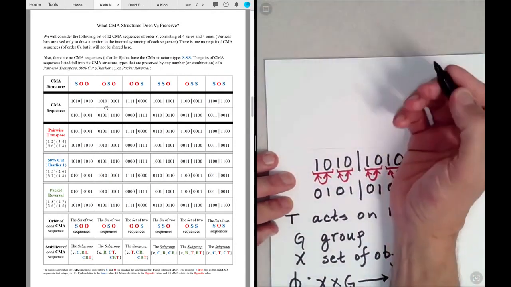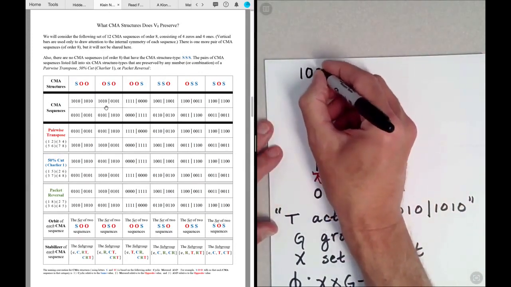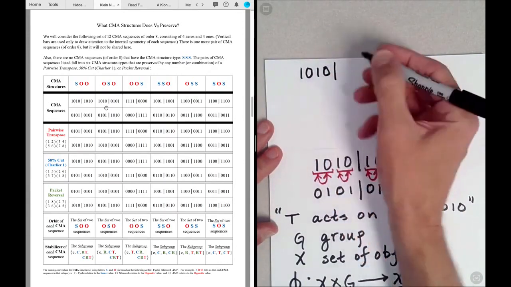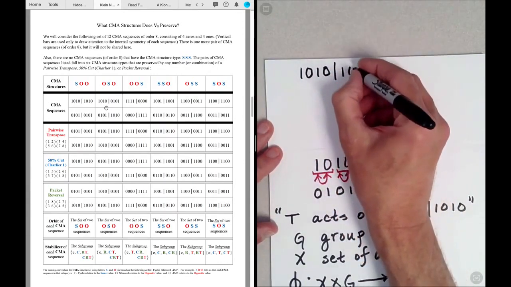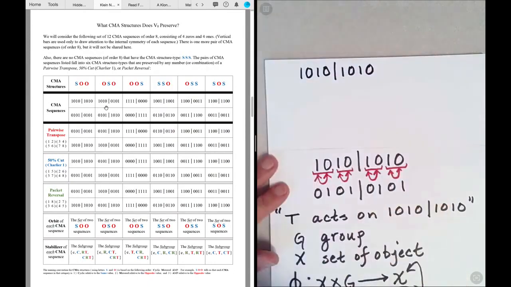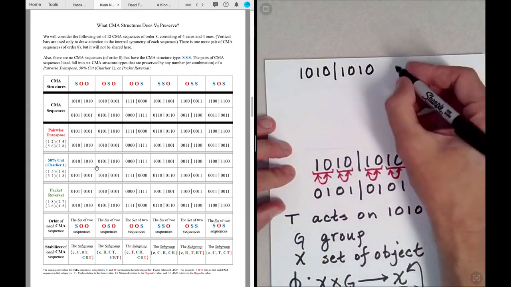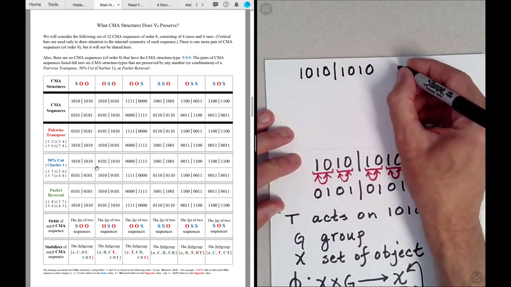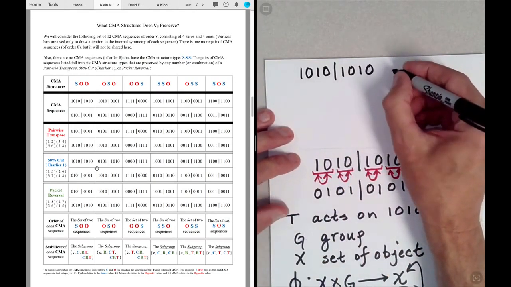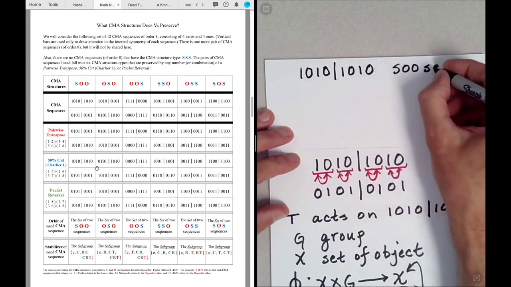Okay, so you may recall, there's a few layers of the onion to take off here, but it's important to do this at least once to feel like our table on the left over here can be deciphered by the viewer. Okay, so this is a CMA sequence, and the structure type is a SOO structure type.